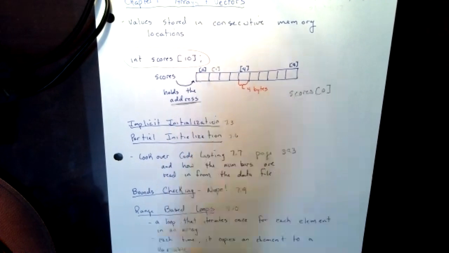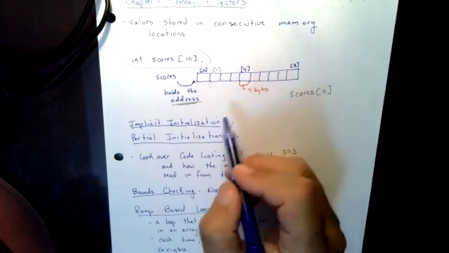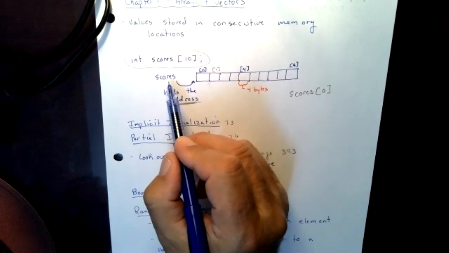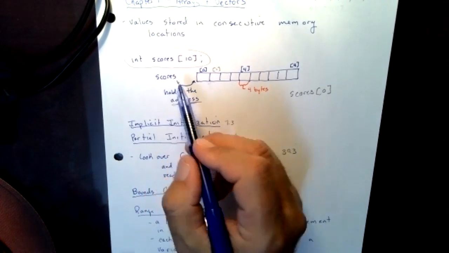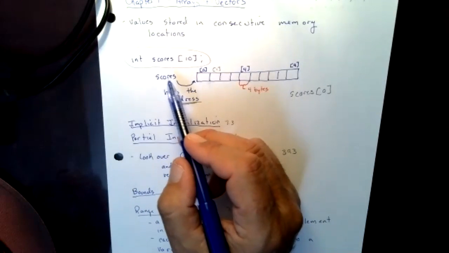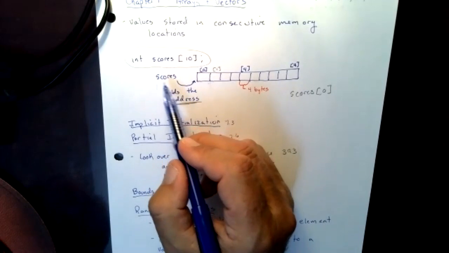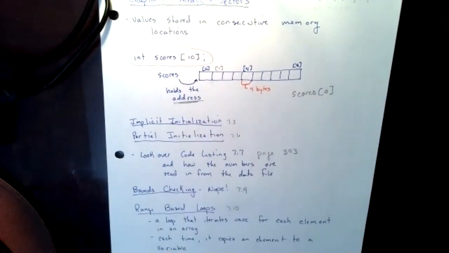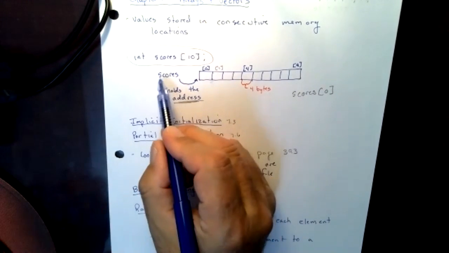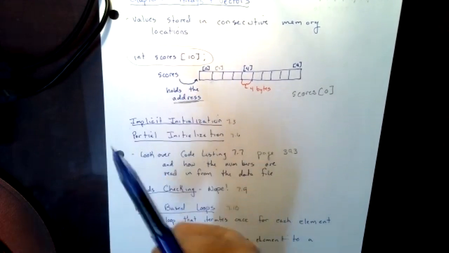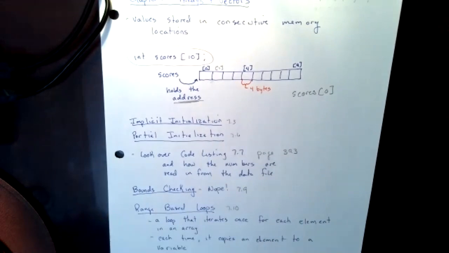Now, something that we haven't talked about before is this guy scores. If I just look at the name of the array, I can actually in C++ use that to hold the memory address. We're starting to talk about memory a little bit.